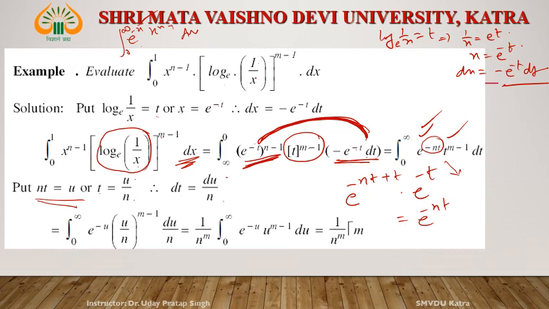Integral 0 to infinity e to the power minus u, and t is u by n to the power m minus 1, and dt is du by n. After solving this term, we got 1 upon n to the power m minus 1 into 1 by n, that is 1 upon n to the power m, integral 0 to infinity e to the power minus u, u to the power m minus 1, and this integral is nothing but gamma m divided by n to the power m. Okay, so the value of this integral is this one.